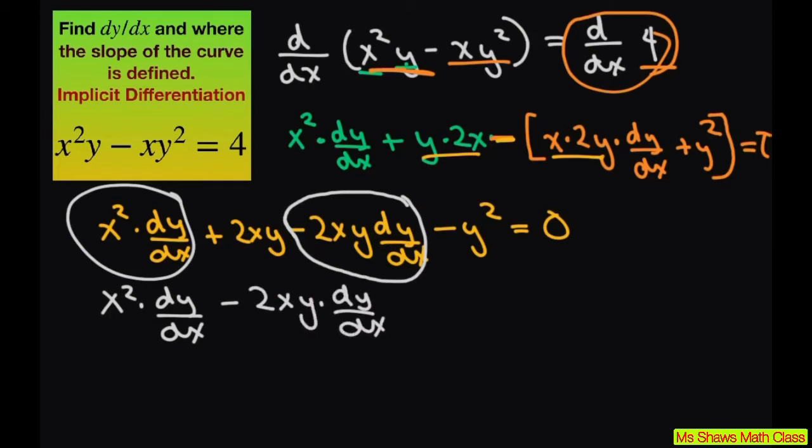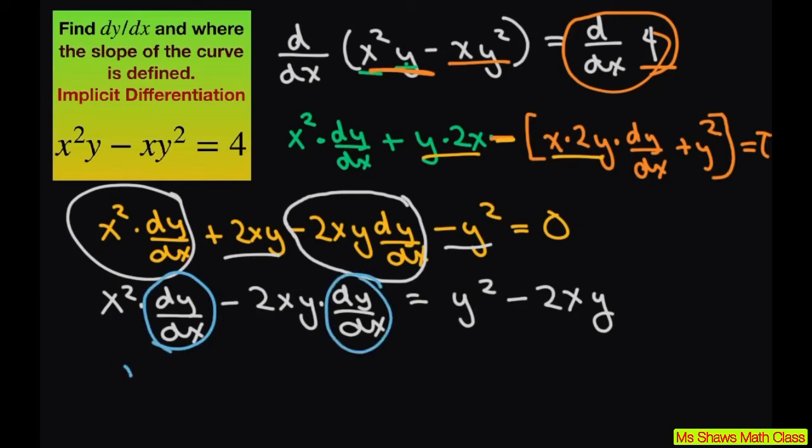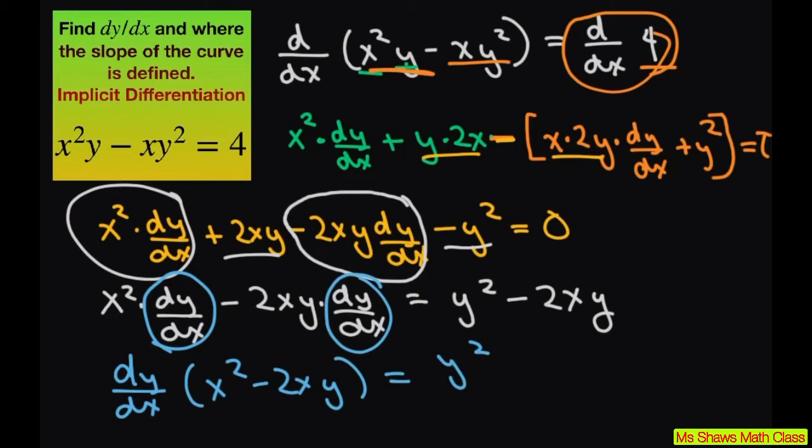And I'm going to move these two terms to the right hand side. So you get y squared minus 2xy. All right, next step, factor out your dy/dx. So you get dy/dx times x squared minus 2xy equals y squared minus 2xy.